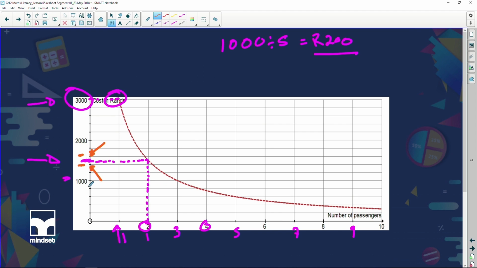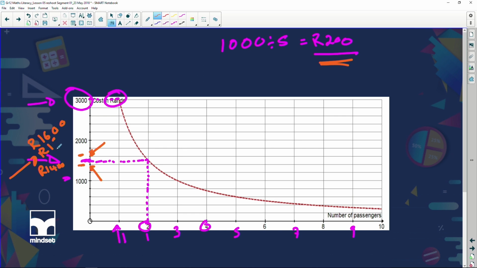So we've got 1,000, 1,100, okay, no, 1,200. Remember, every block is 200 Rand. 1,200, 1,400. So this is 1,400. This is going to be 1,600. Now, what's in the middle between 1,400 and 1,600?